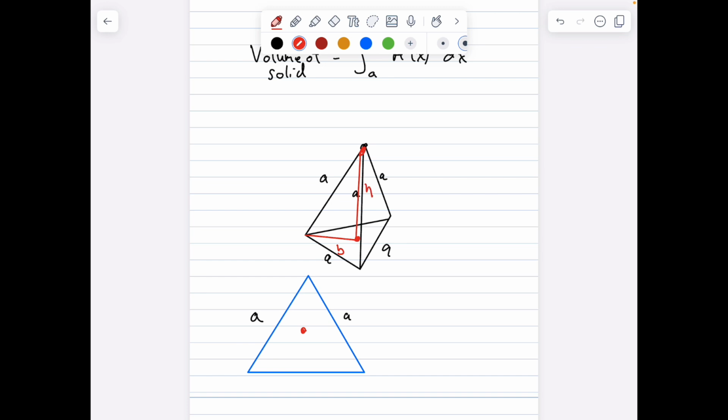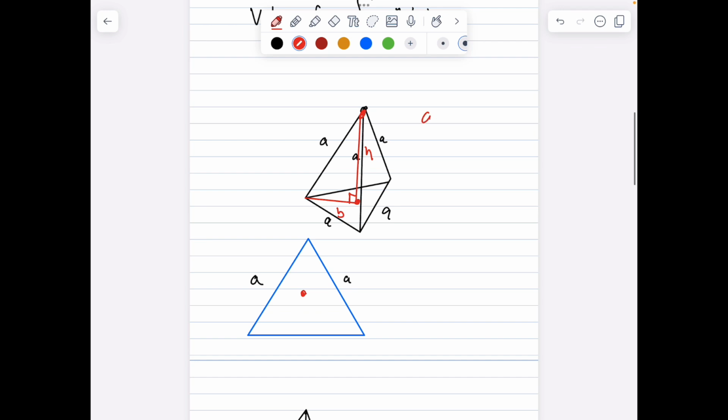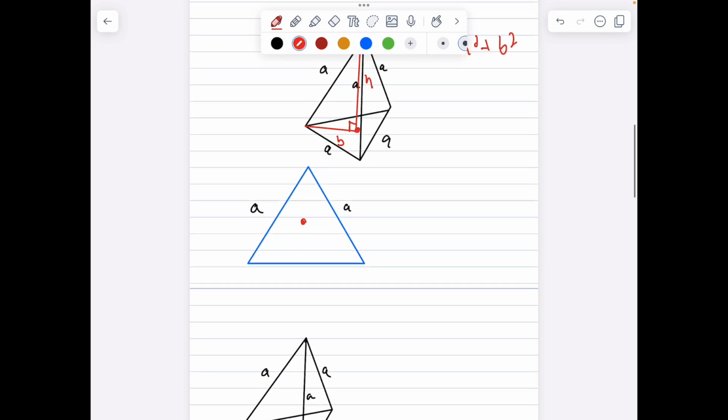Then you have a right triangle there, and you have that A squared equals the height squared plus B squared. That side length B, I'm going to go to the blue triangle here, is the distance from the center to the vertices, and that distance is the same for all sides here. I didn't draw that all that great here, apologize, but that length B is the same.